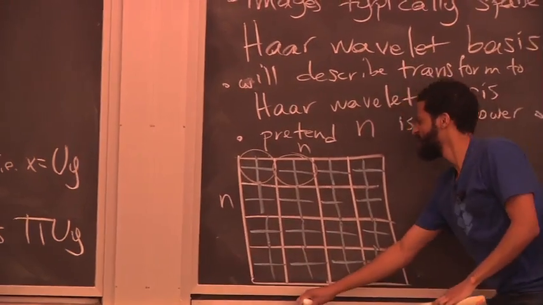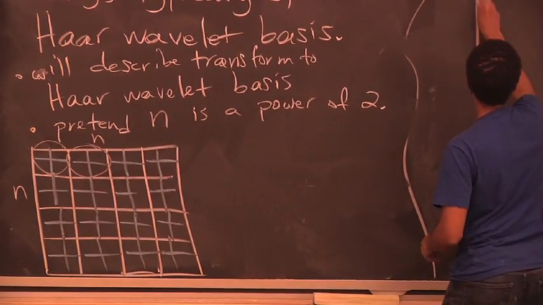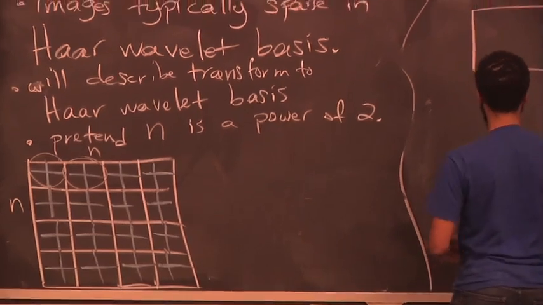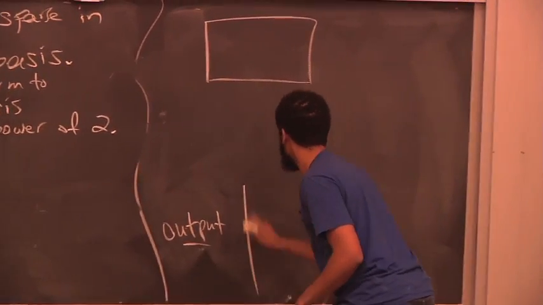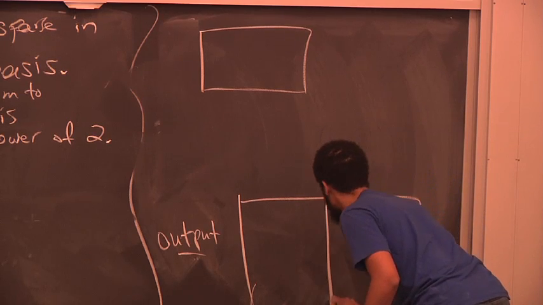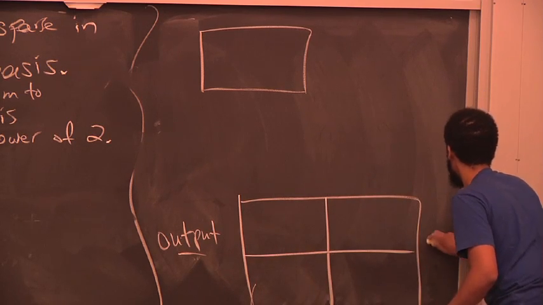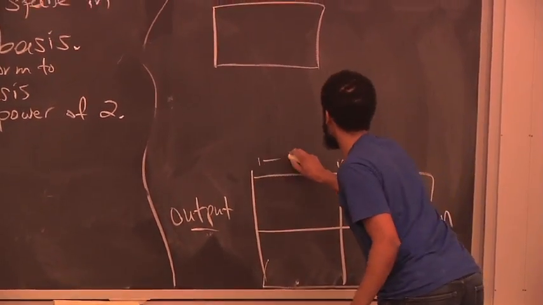Let me zoom in on one of those blocks, and let me look at the output image. Let me divide the output image into 4 blocks like this, where each one of these is n over 2 by n over 2.